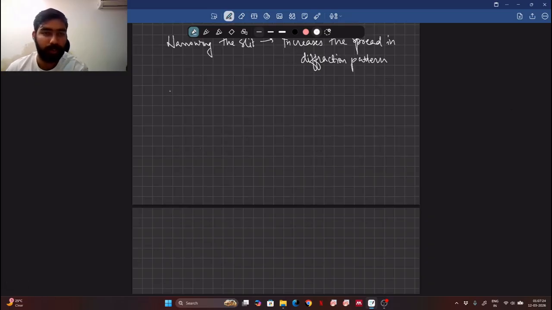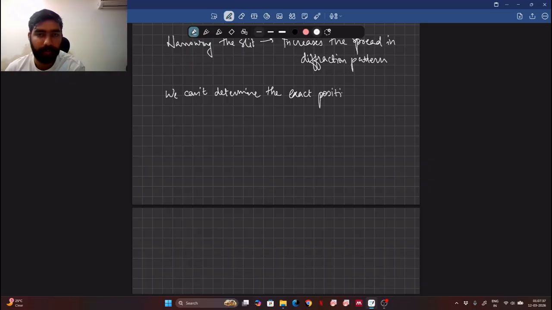So we cannot determine the exact position and velocity of a microscopic particle simultaneously.